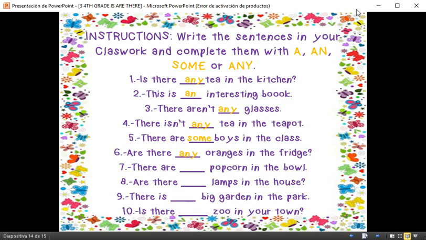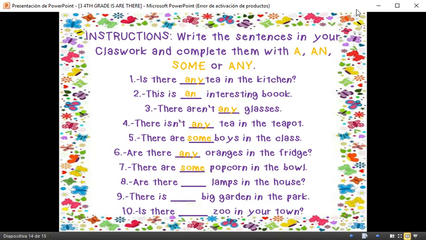Number 7, there are some popcorn in... some because remember we are talking about small pieces.